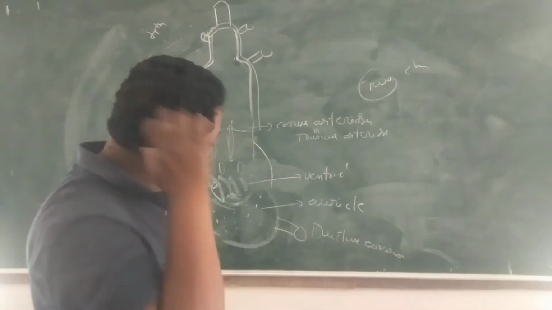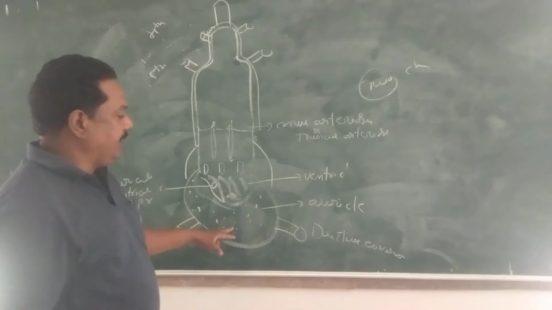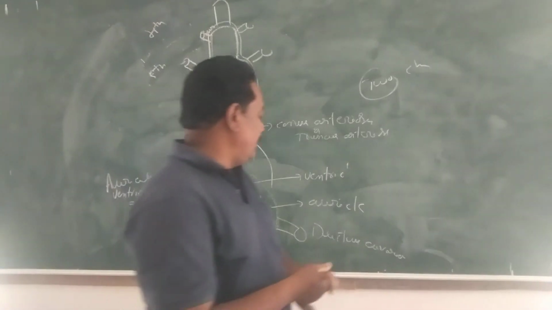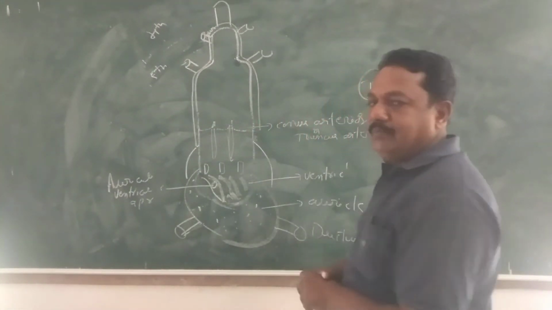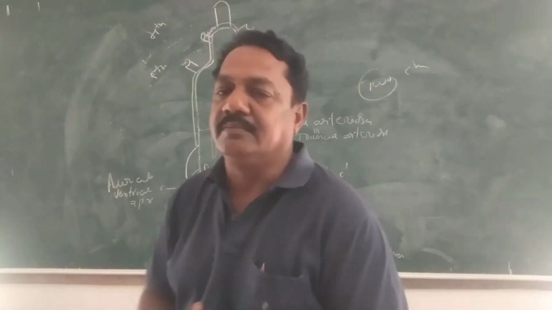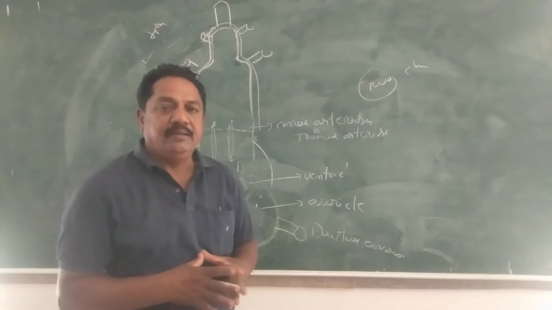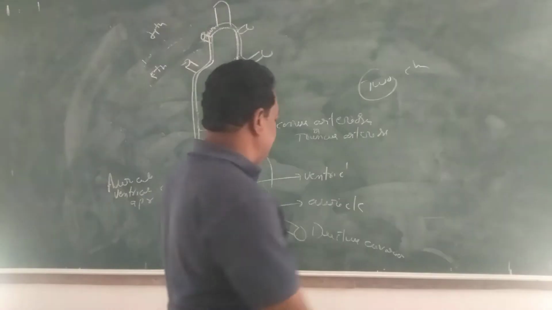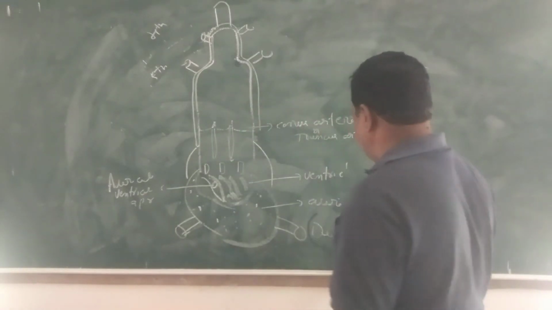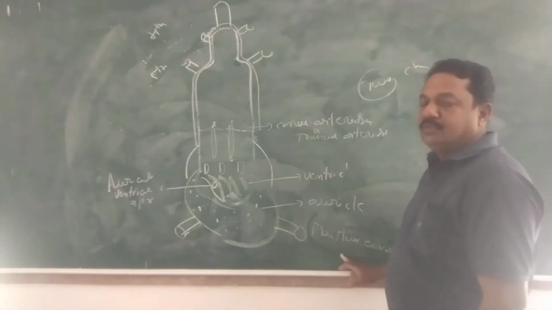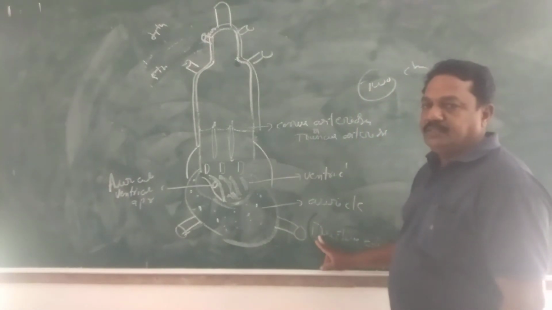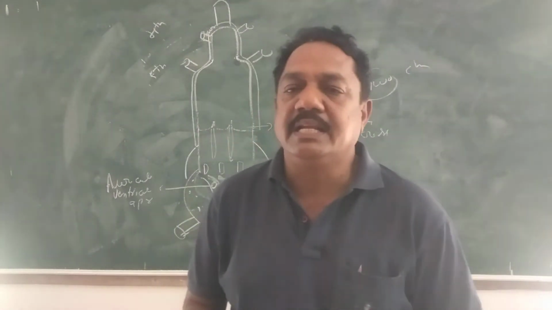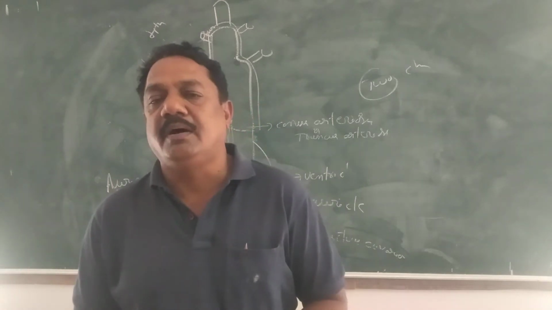Now in this figure, this is the auricle, this is the ventricle, this is the truncus arteriosus. Observe, blood is collecting from different parts of the animal body. Deoxygenated blood is collected from different parts of the animal body through a pair of ductus cuvieri.